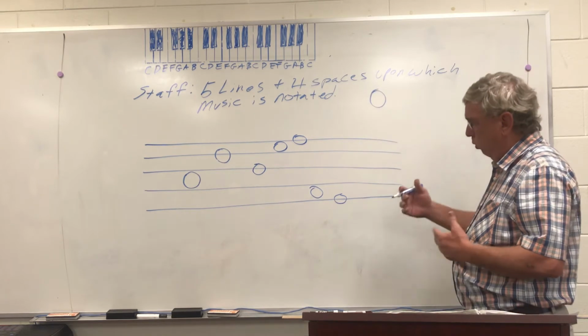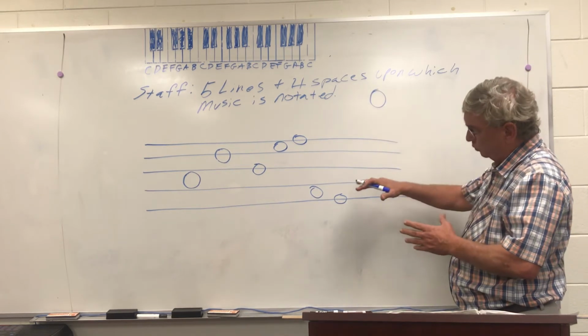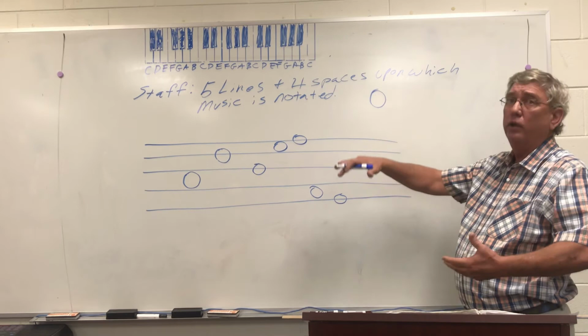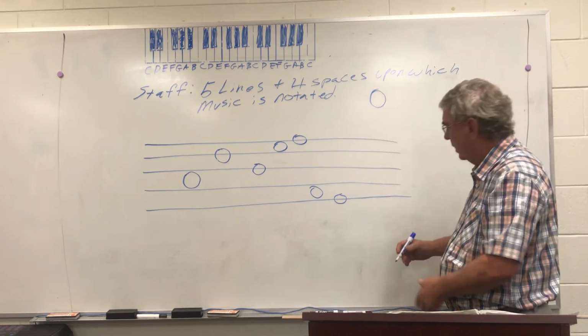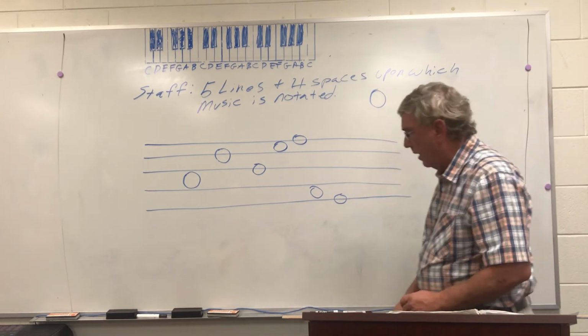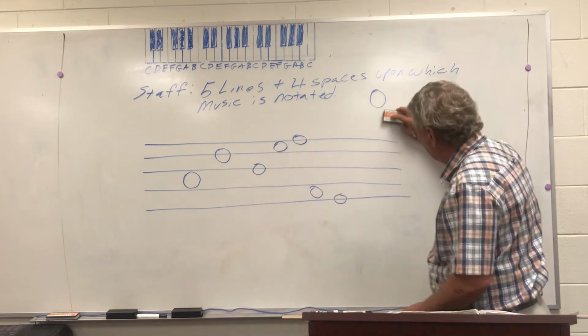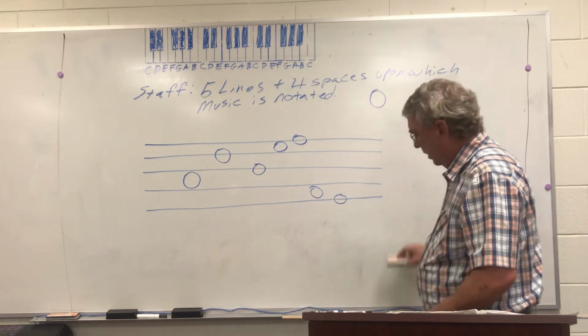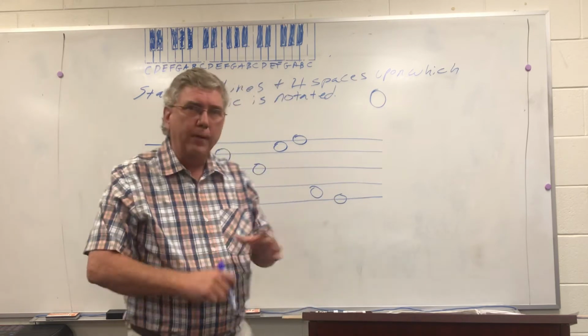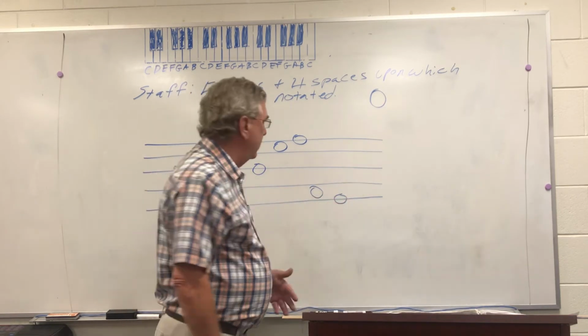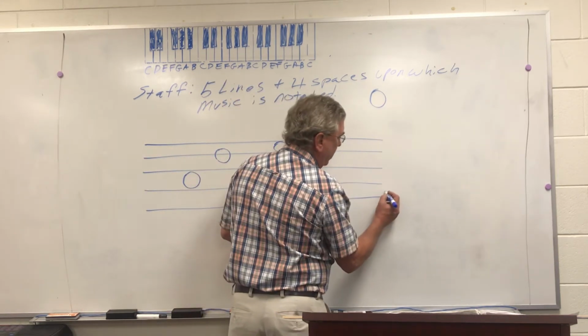Now, we have to learn which lines tell us which letter name of the note to play on the keyboard. The lines have names. Each line is named, and we go from the bottom line to the top line.